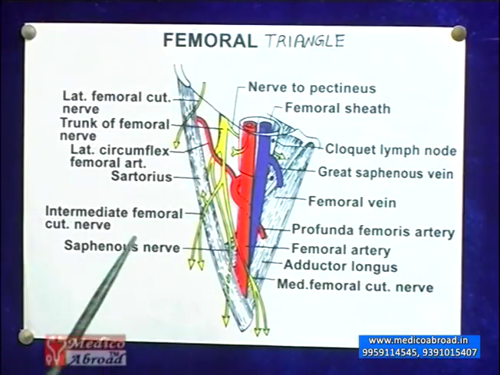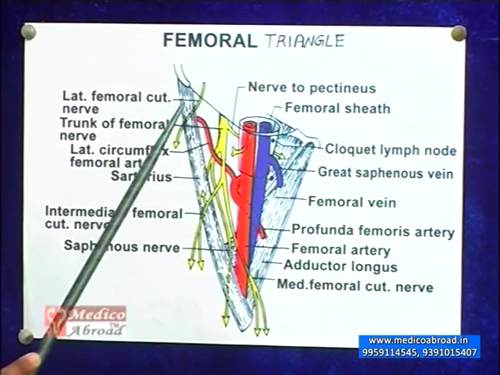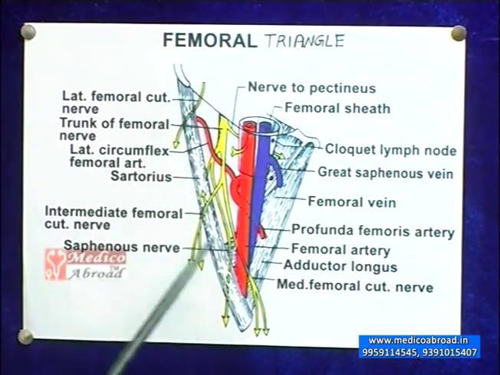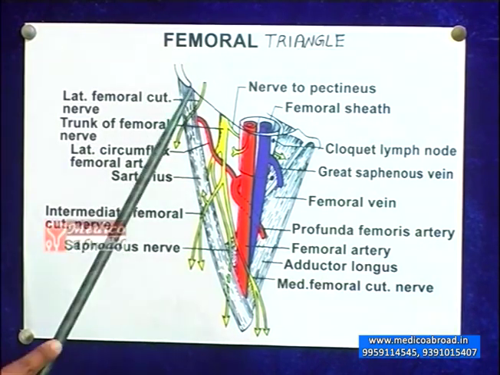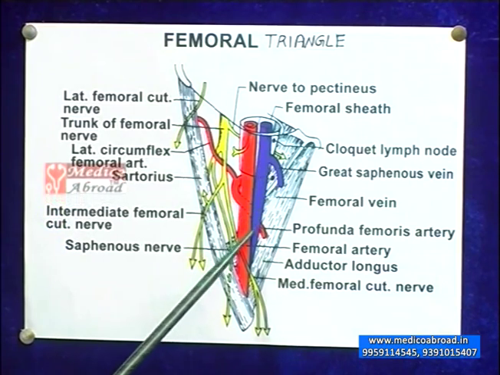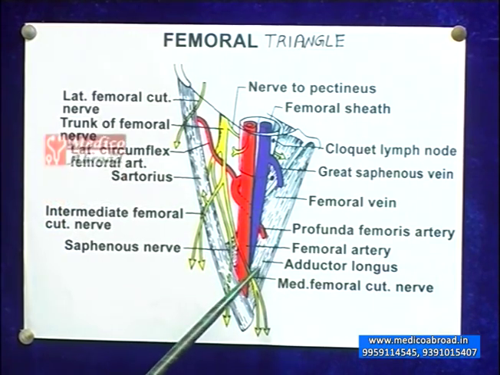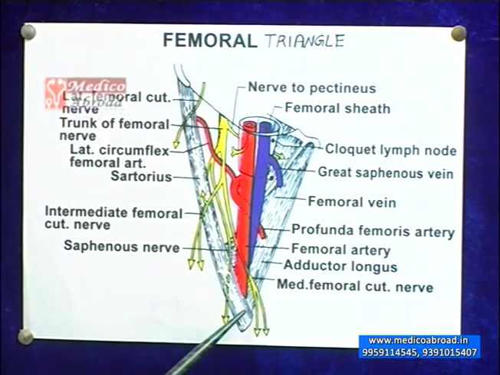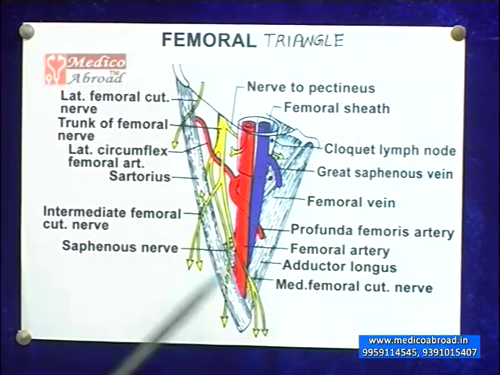This chart shows you the femoral triangle whose lateral boundary is the medial border of the sartorius muscle. The medial boundary is the lateral border of the adductor longus muscle. This is the adductor longus. Now the apex is formed by the convergence of the lateral and the medial boundaries.